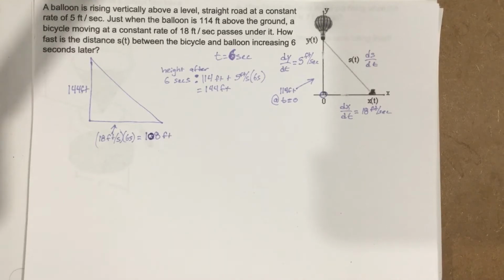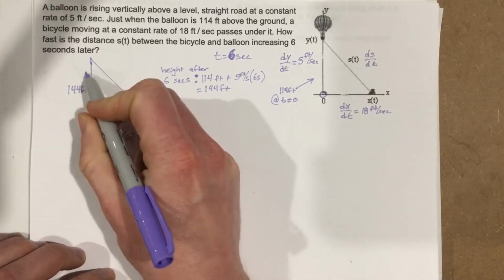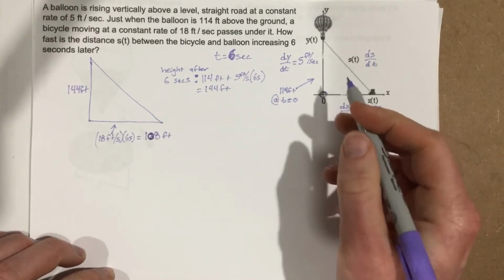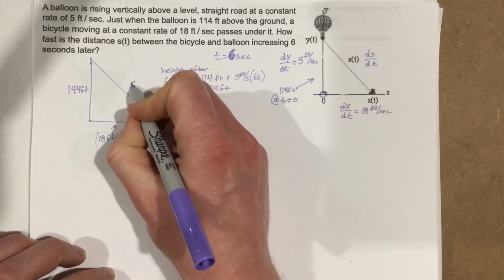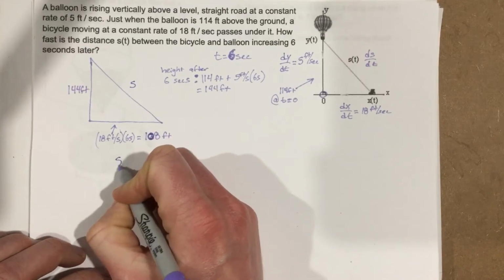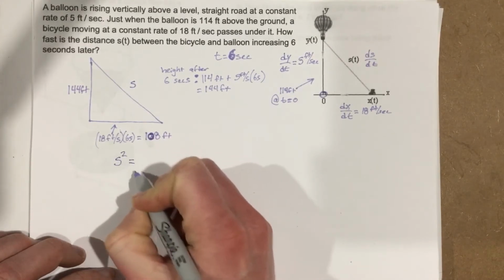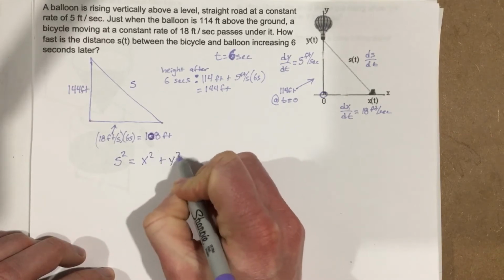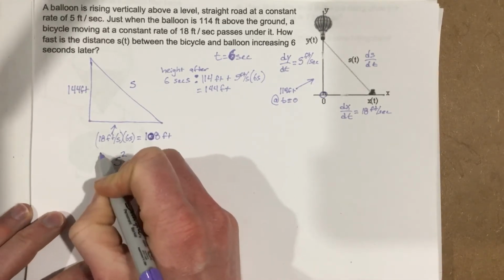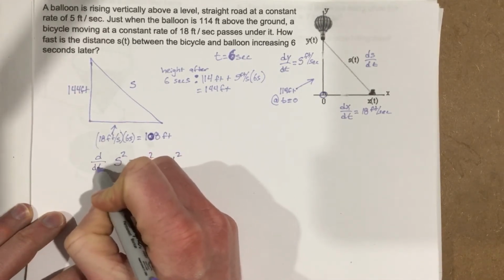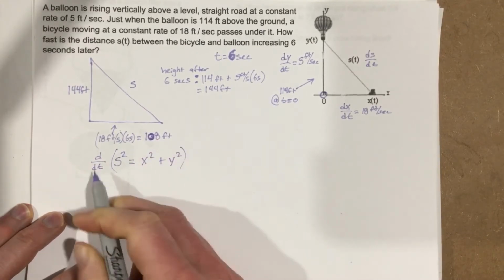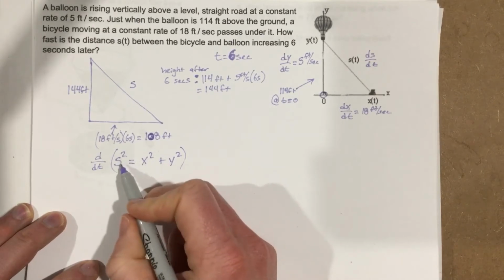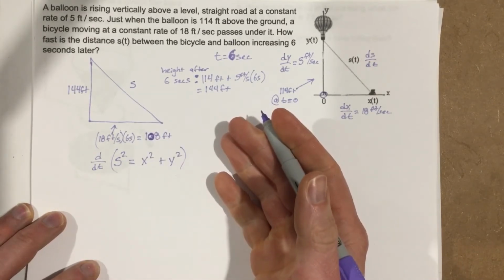All right. So now that we know this is 108 feet, this is 144 feet, we can use the Pythagorean theorem and basically say I'm going to use s for this side, and we're going to say that s squared equals x squared plus y squared. And then I'm going to do the derivative with respect to time for this whole thing. And when you do this, remember none of these variables are t variables, so you're going to be using implicit differentiation the whole time.